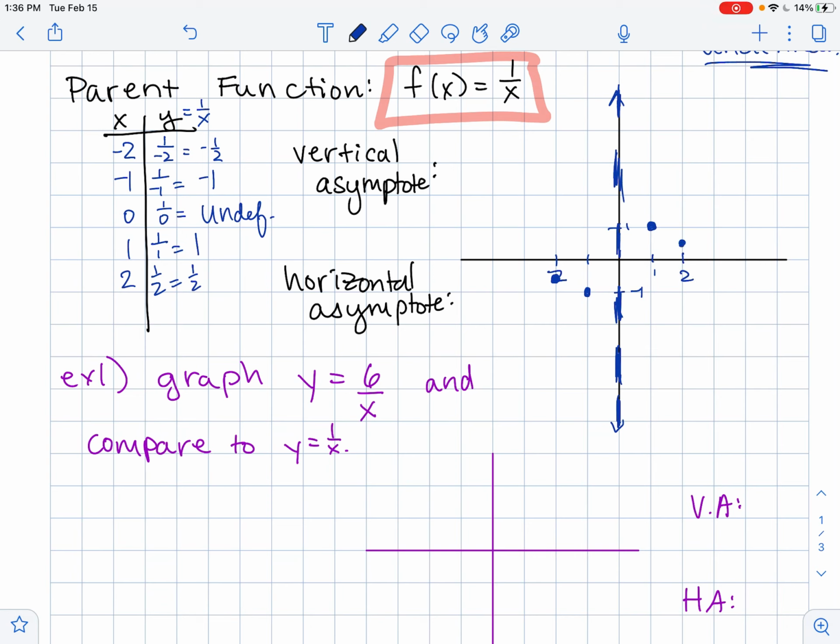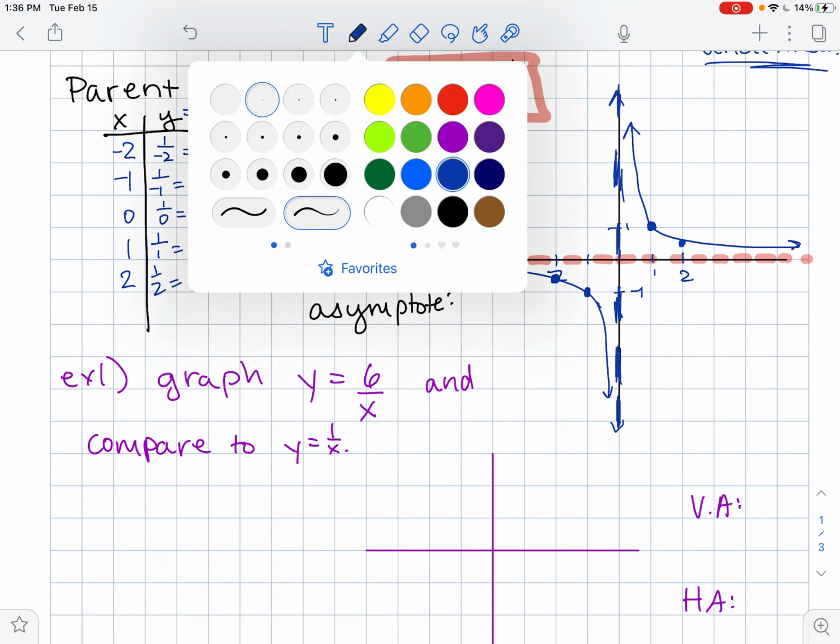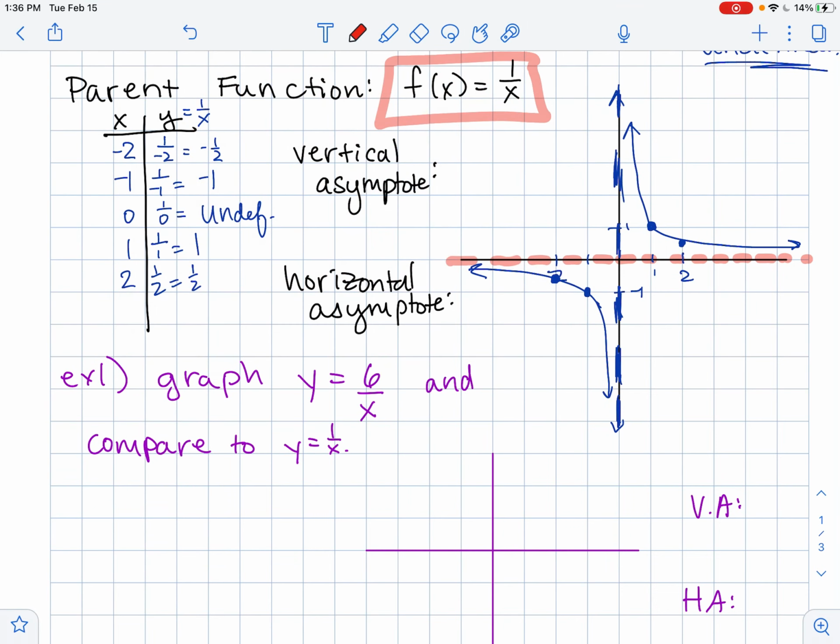Because it's never going to cross that line, it's also never going to have a value where y equals 0, because there's no value where y can equal 0. So it's going to bend like this. There are two really important things. There's a vertical asymptote here, when x equals 0.